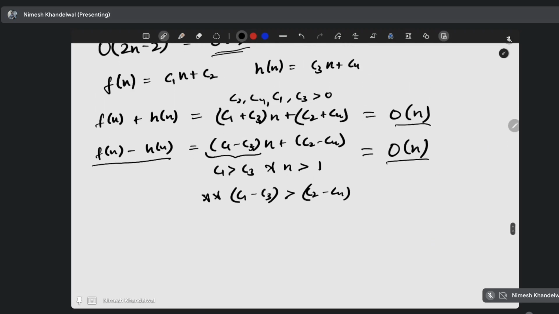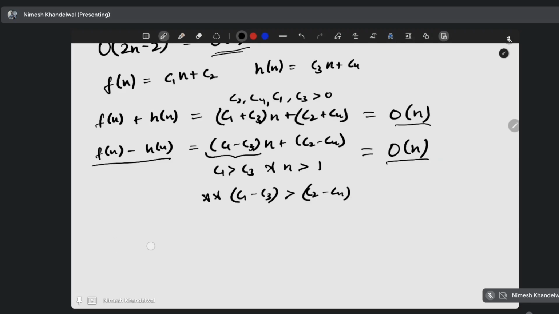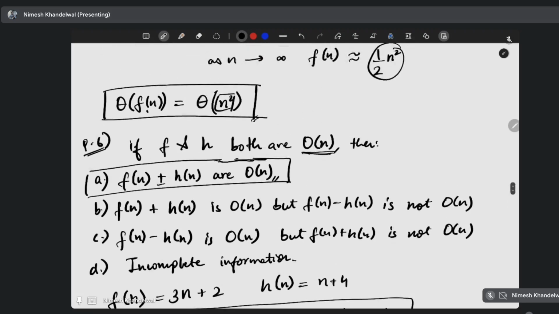Now this is not the case if we multiply the two functions, because if you multiply two linear functions, the resulting algorithm can have squared time complexity, right? But we are not discussing that here. So given linear time complexity, both of them are O of n, the addition and subtraction, both of them are linear. So the first option is correct, right?